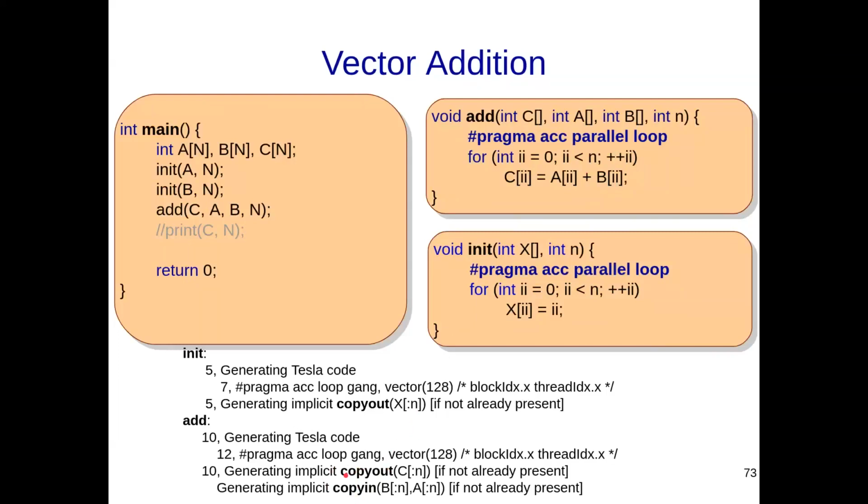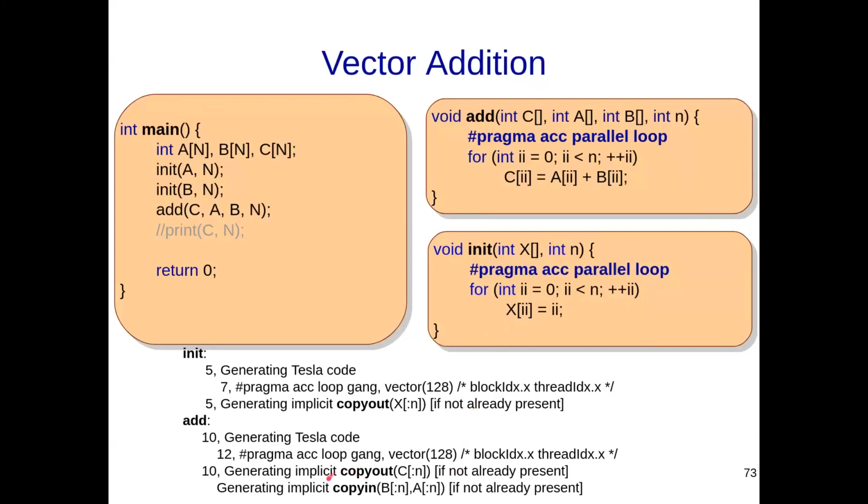Is this required for add, that the A and B arrays or vectors should be present on the GPU? Well, yes, it is important, but it is not really required in this case, because A and B are actually on the GPU. How do you know that? Because I have already initialized those on the GPU.